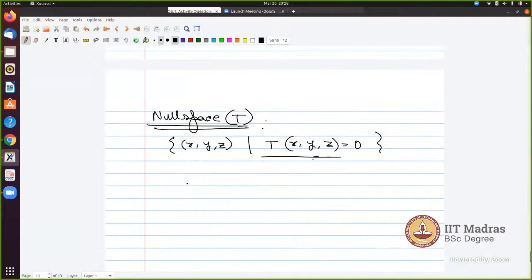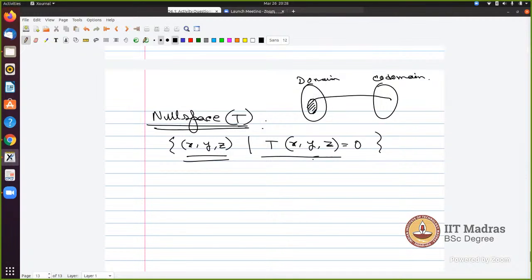Because we are dealing with R3, the null space is inside the domain. So this is the domain and this is the codomain. The null space is somewhere here, which is going to 0. Here somewhere is 0 of the codomain, and this is the null space, right?